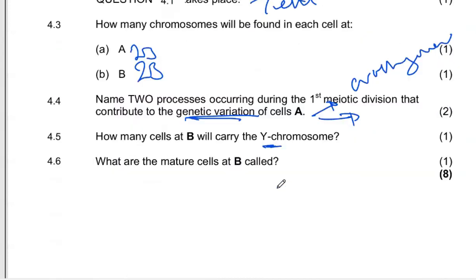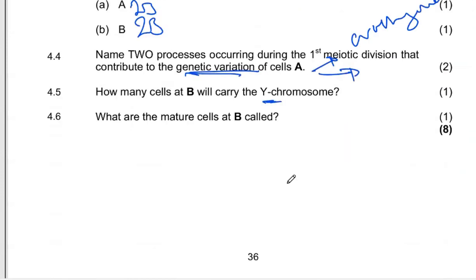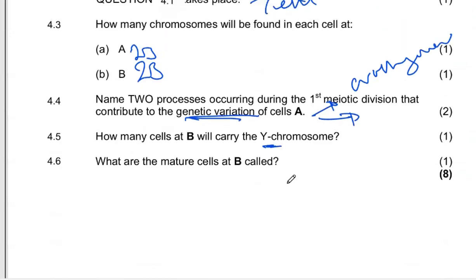Yes. And then, what are the mature cells at B called? How do you call the mature cells at B?